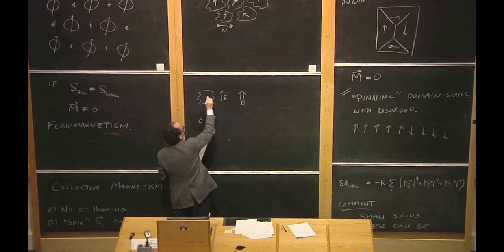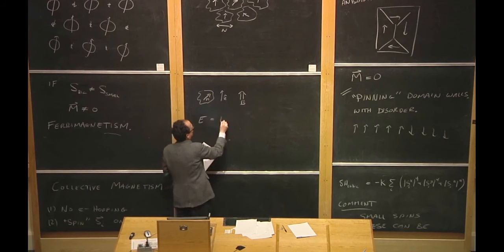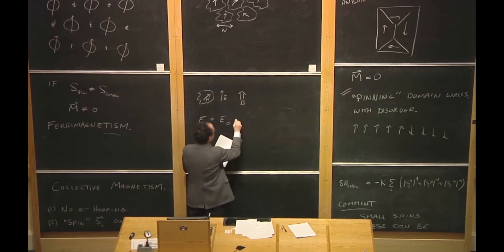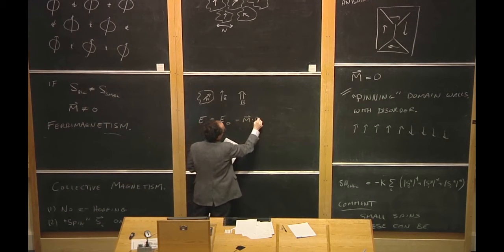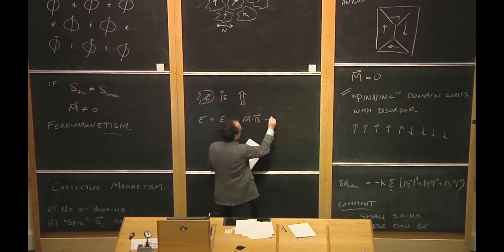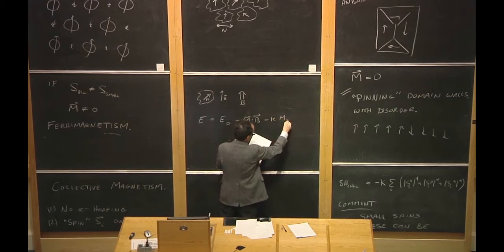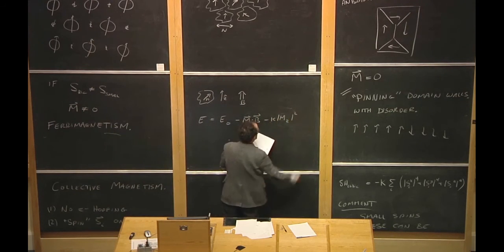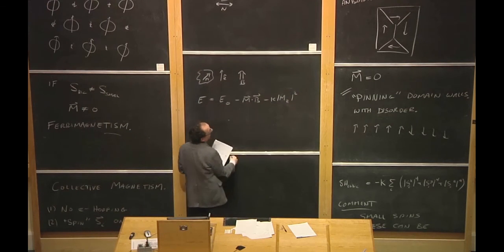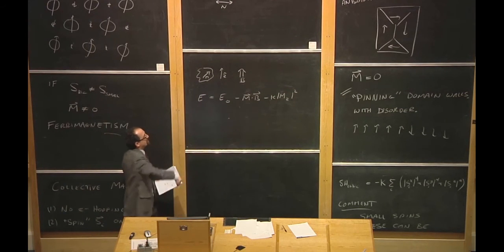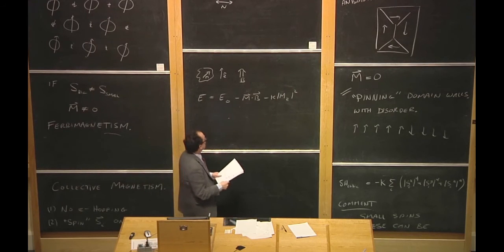The magnetic moment can be pointing in any direction we like. The energy of that crystallite is some E naught, minus m dot B, and then there's the anisotropy energy, minus kappa m_z squared, which wants the magnetization to point either directly up or directly down.